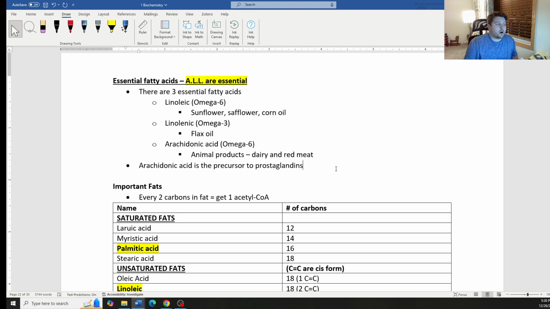So a lot of our immune system type functions, a lot of the chemicals our body needs to produce and release for pain generation, for inflammation, for processing and healing, come from arachidonic acid. So you definitely need to have these fats in our diet. Again, remember, we're talking about essential. That means our body cannot produce it naturally, so we have to consume it.